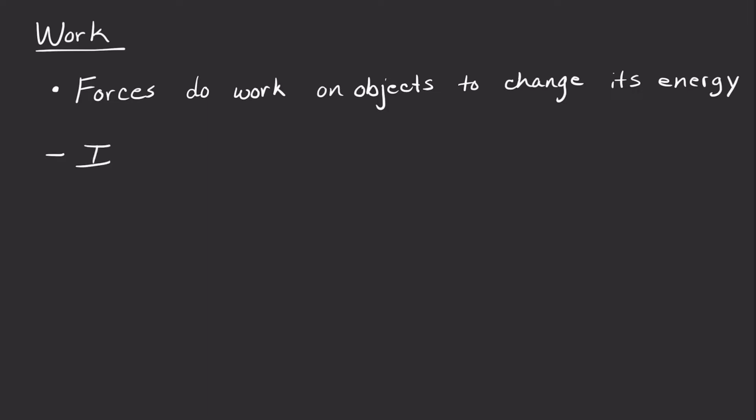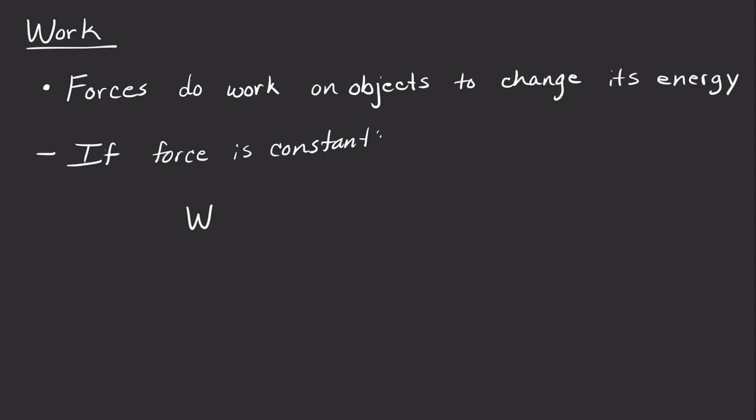So if the force is constant, the work done by a constant force, we'll call work capital W, is equal to that force times the displacement, but only the component of the force that is parallel to the displacement is going to do any work.